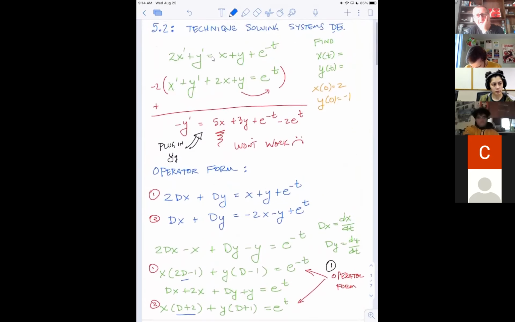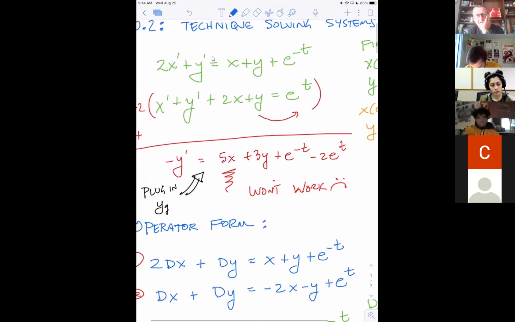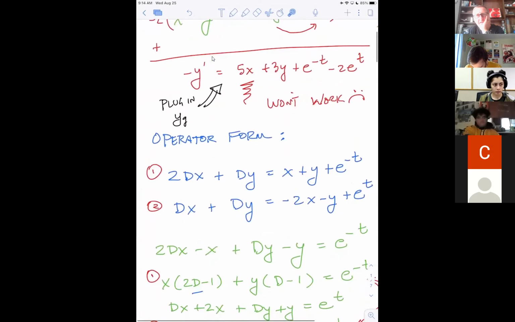We looked at the original problem and said, dang, there's an X prime and an X, so there's no way to get them together. With the operator form, we wrote it as a D, and now there is a way to get it together. It's junk times X and junk times X, and so we were able to put them together.